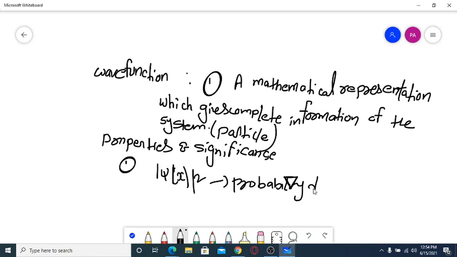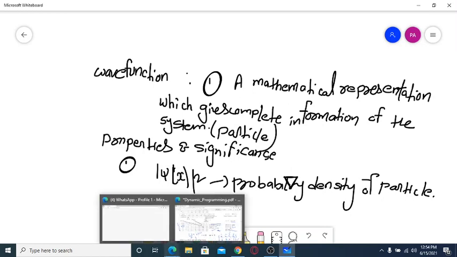You already know that we are using probability in quantum mechanics, the density of the particle, that we are dealing with. So this is one of the properties of the wave function, called probability density.